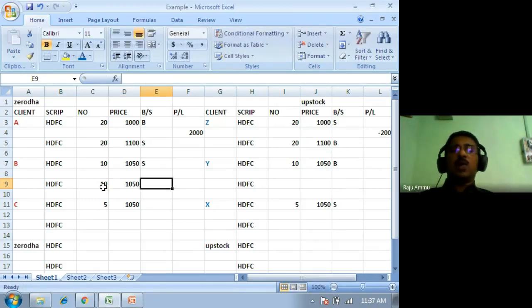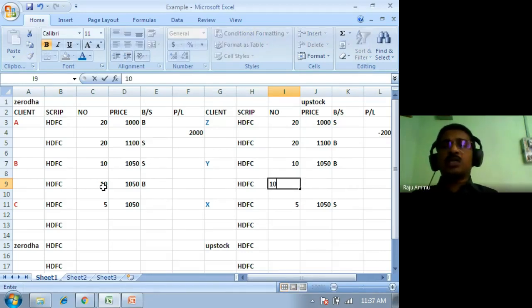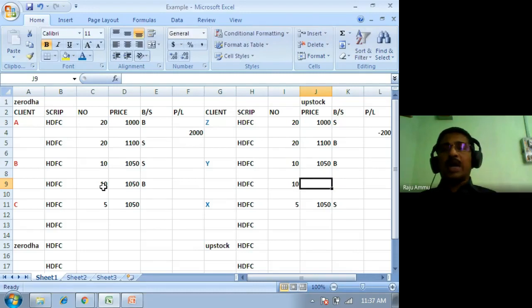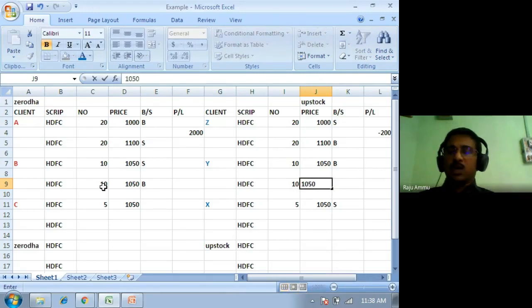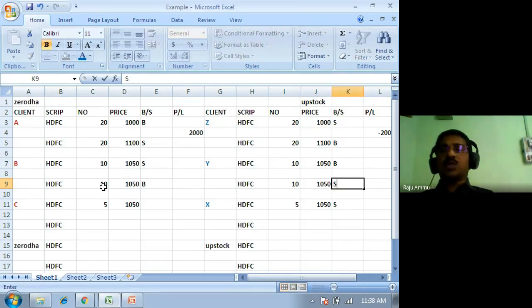Let us also imagine that the client Y at Upstox is also trading, and he also wants to trade the shares which are already open at the same price, 1,050. Let us assume that he has sold the shares.